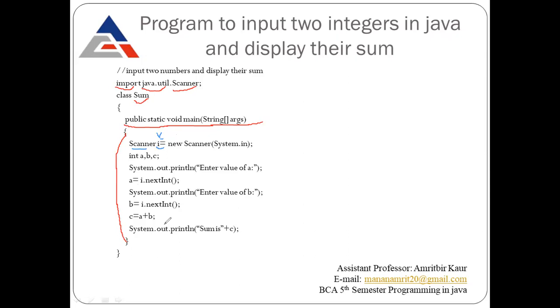So the syntax for creating an object is class name, then object name equals new keyword and then class name. So that's why firstly we use Scanner because it's our class name, then object name i equals new keyword and then our class Scanner. Here we want to pass a parameter System.in. System is a predefined class of Java which contains input output related classes.